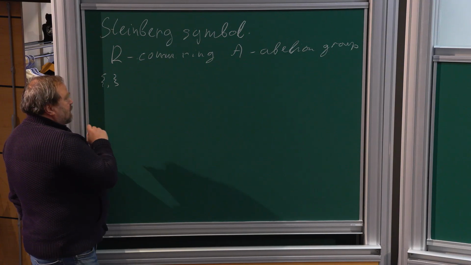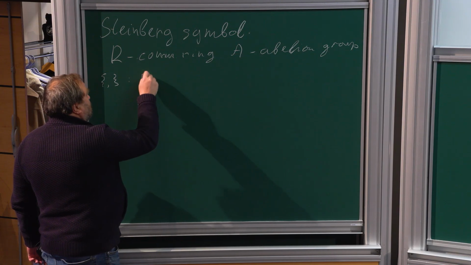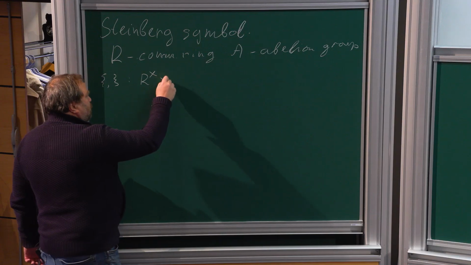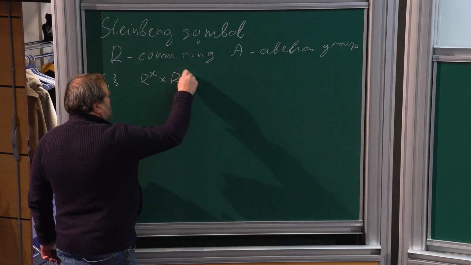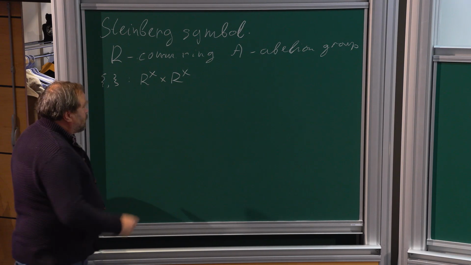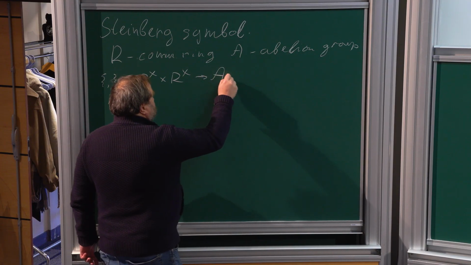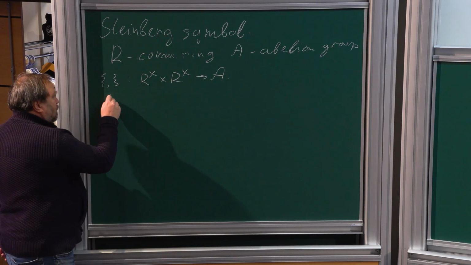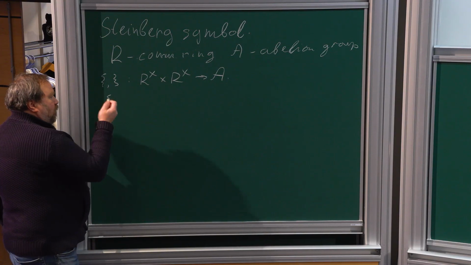So the Steinberg symbol is a map from R invertible elements, R cross times R cross, to A, which satisfies the following axioms.